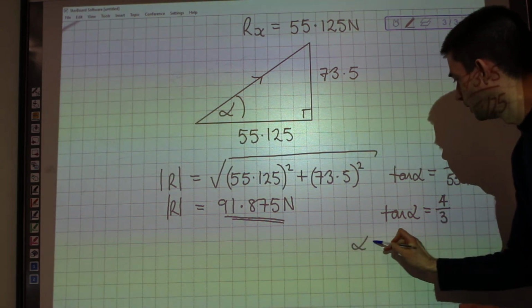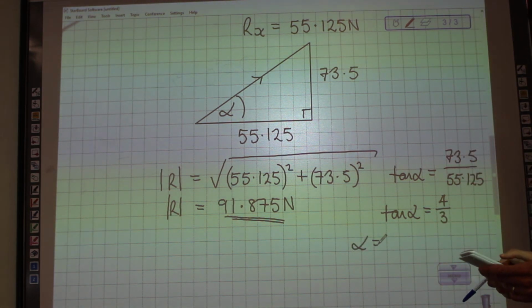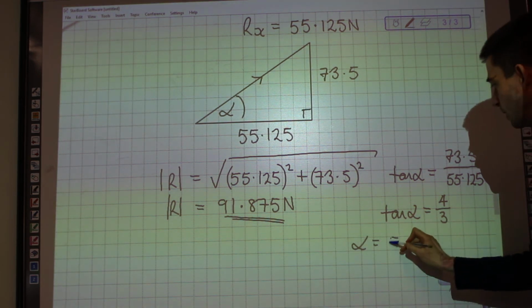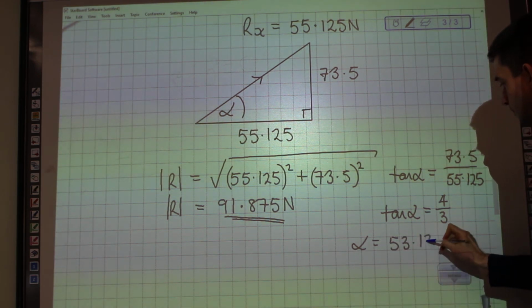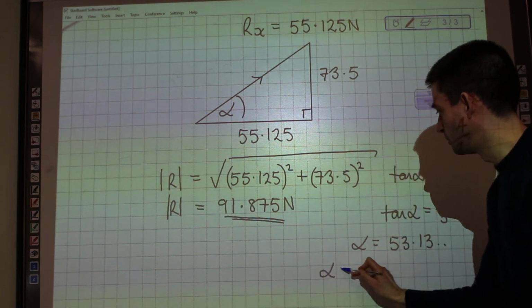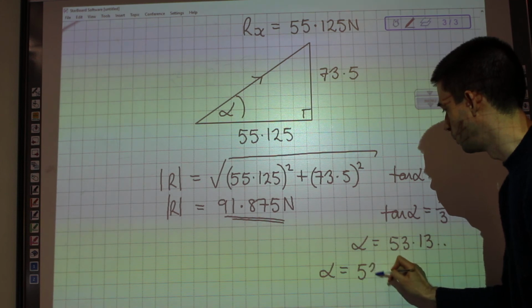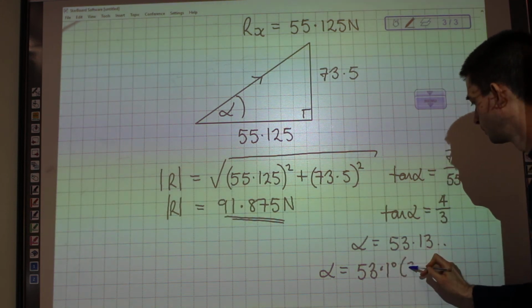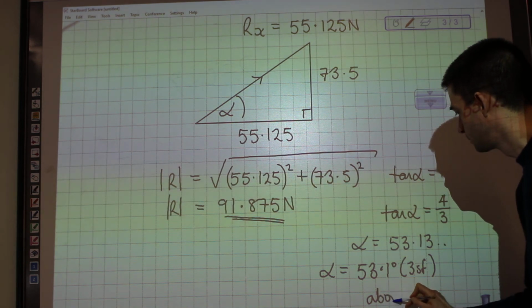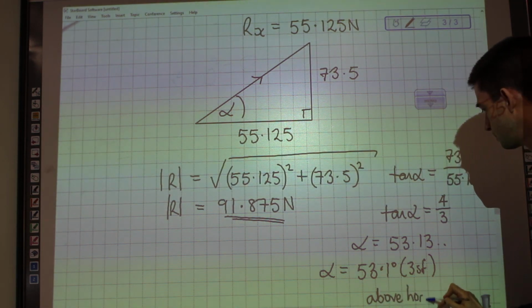So using inverse tan of 4 over 3, we get 53.13. So the direction alpha is 53.1 degrees to 3 significant figures above the horizontal.